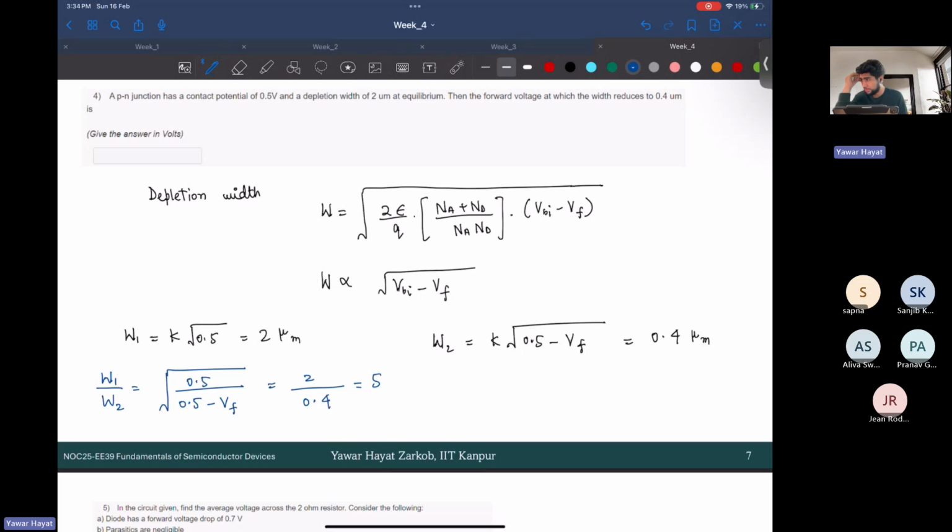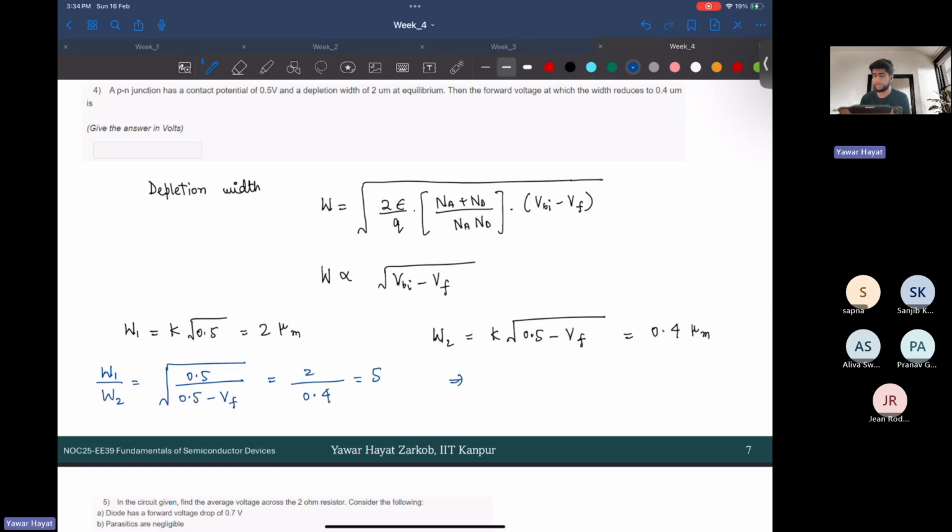How much is your VF? If you take the square on both sides, you'll end up at this equation: 25 is equal to 0.5 by 0.5 minus VF, right?